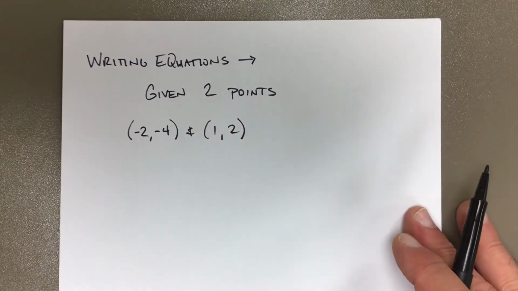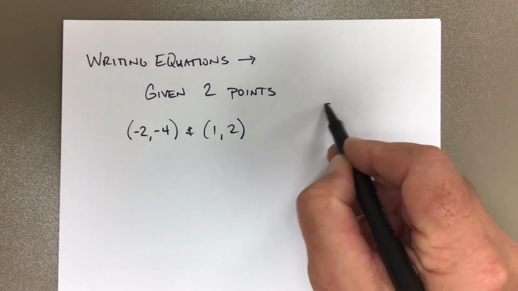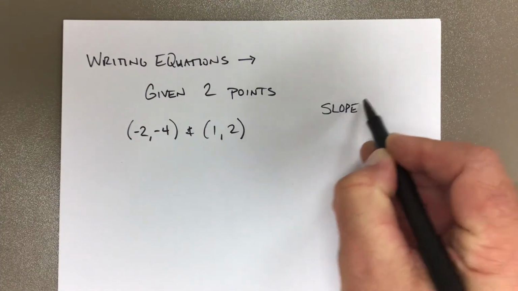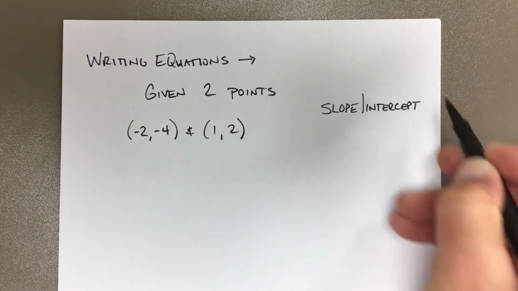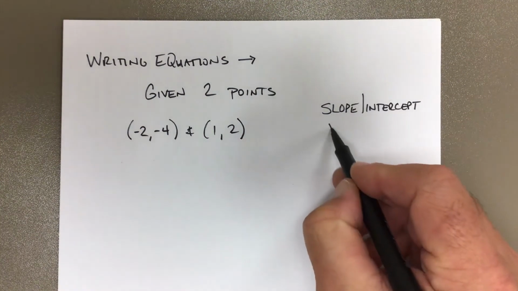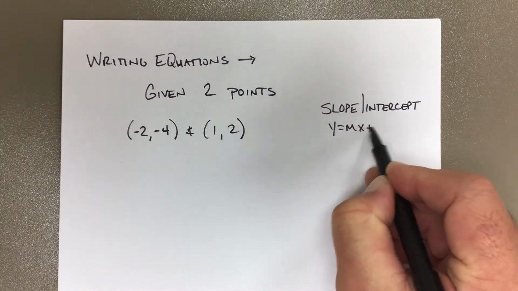All right? So let's think about what we need here. We remember that slope-intercept form is what we're looking for. So the slope-intercept form, that's y is equal to mx plus b.